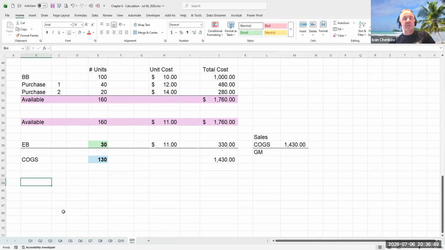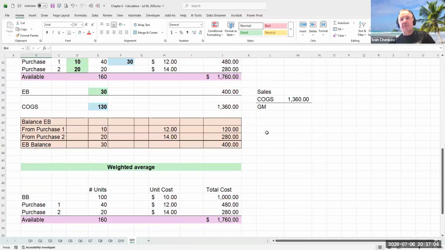Let's put it side by side so you can see it.